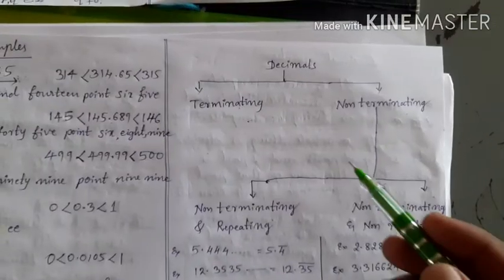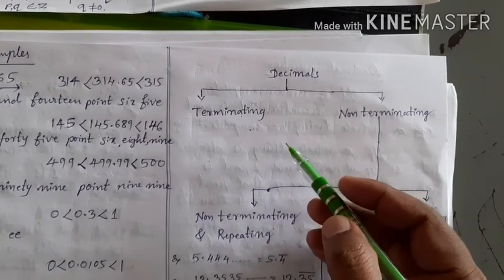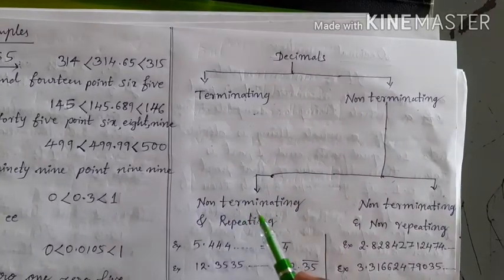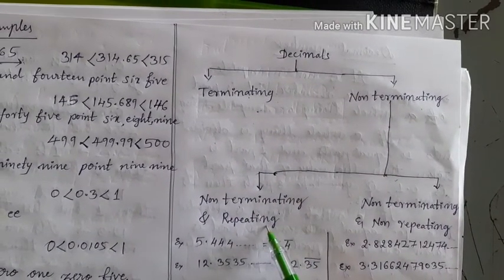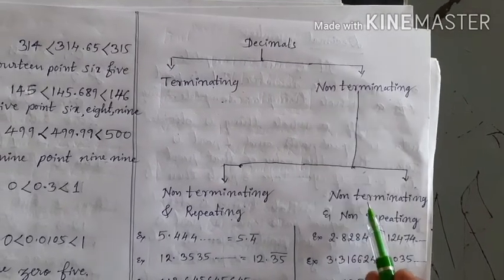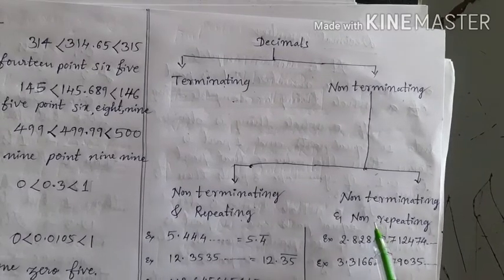Okay. So children, at the end we can conclude that terminating decimals and non-terminating repeating decimals are rational numbers, but non-terminating and non-repeating decimals are irrational numbers.